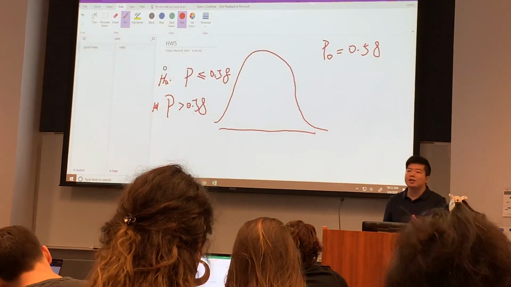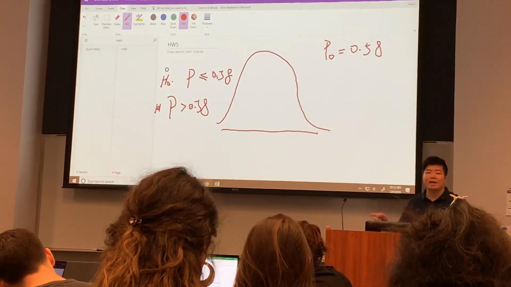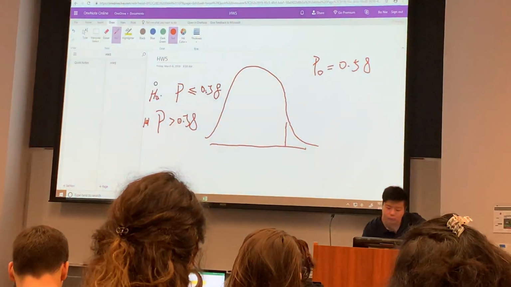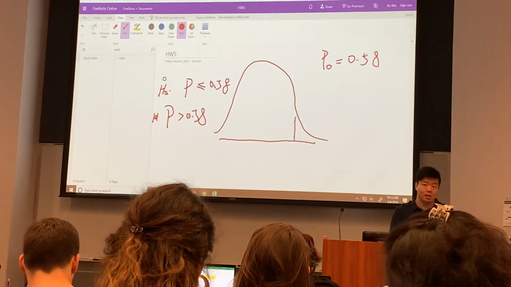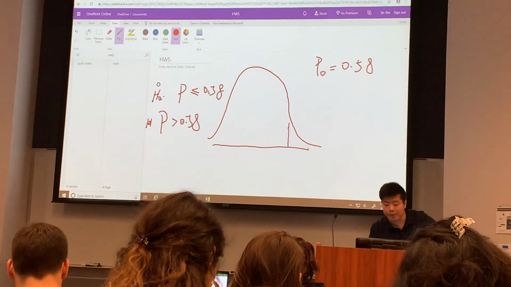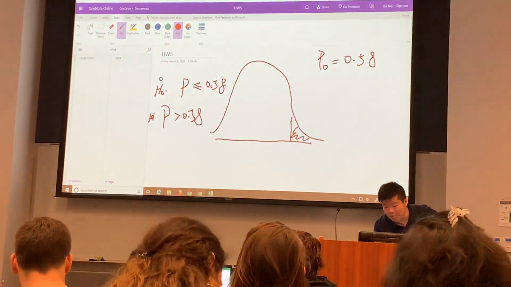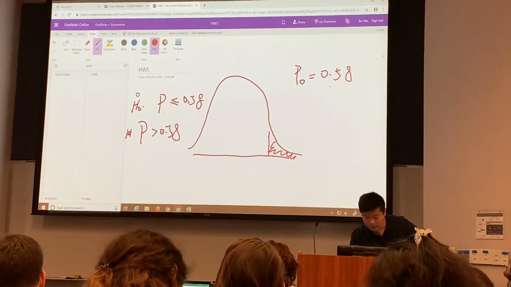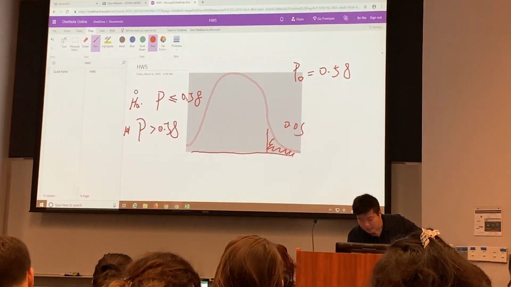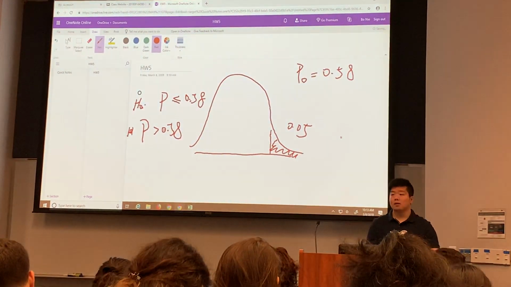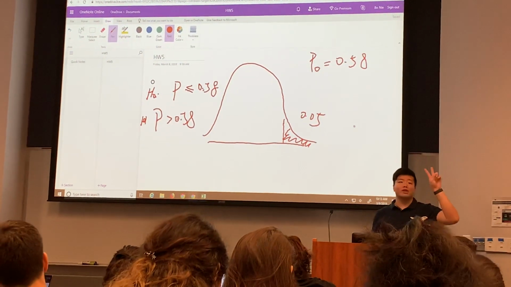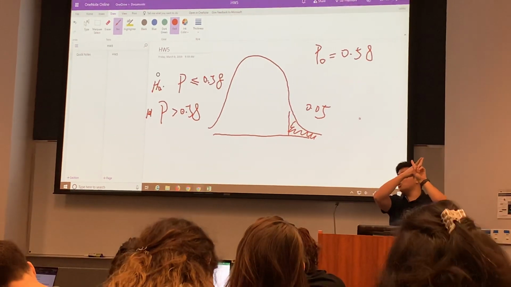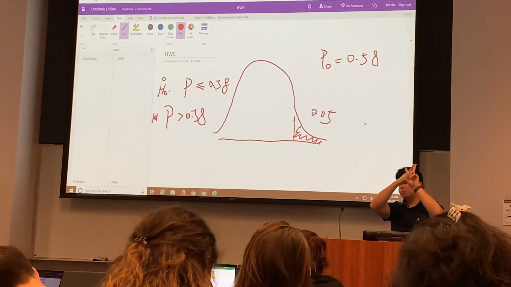If your HA is greater than 0.58 in this case, then we will have an upper tail test. And the probability for my upper tail is given, which is 0.05. Those are my first two steps: figure out what my HO is and what my HA is.